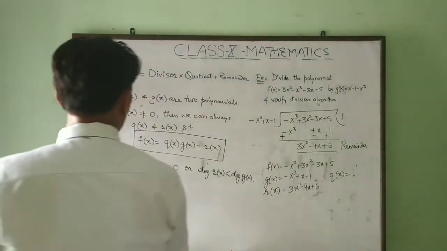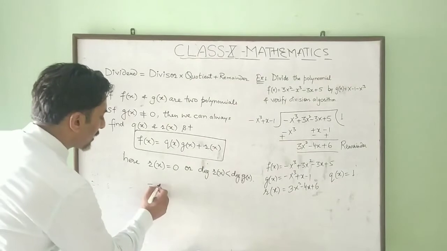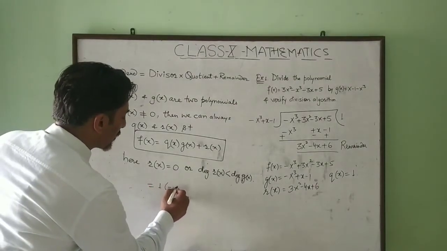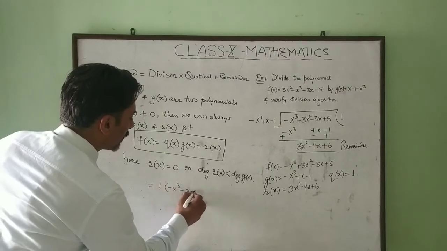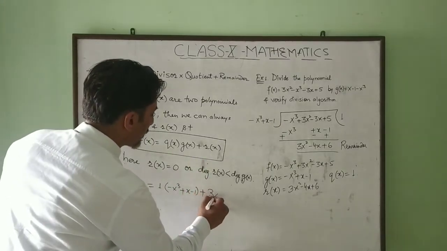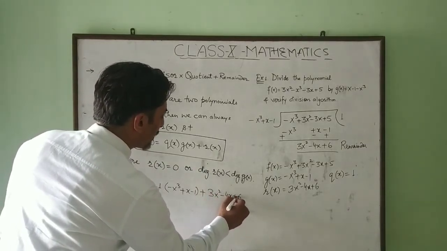I'm writing the right hand side only. q(x) is 1 and my g(x) is minus x cube plus x minus 1 and plus r(x) is 3x square minus 4x plus 6.